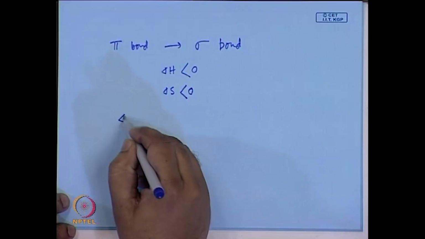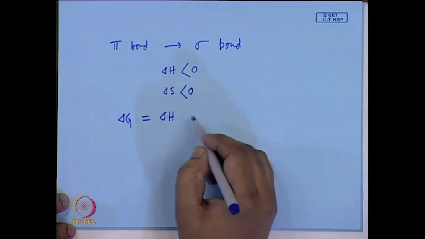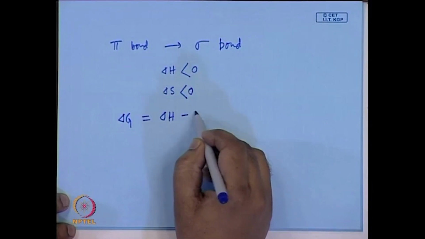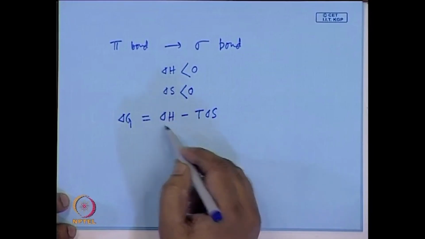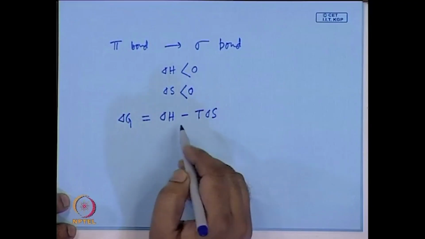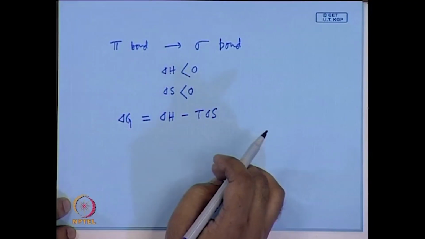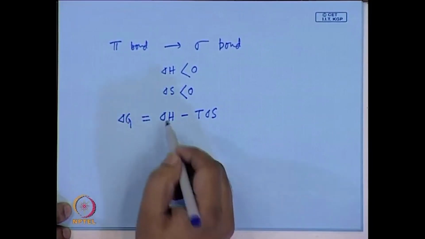If you think about the thermodynamics of this chain polymerization briefly, this enthalpy term is exothermic, negative, and this entropy term is also negative. So there is a competition between these two terms, and at normal temperature, the temperature where we do reactions, the enthalpy term dominates.